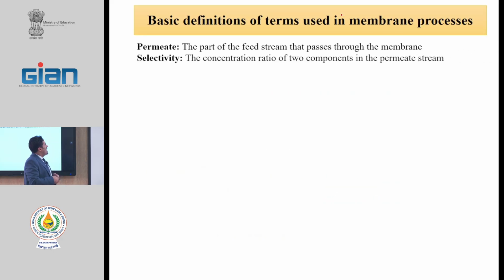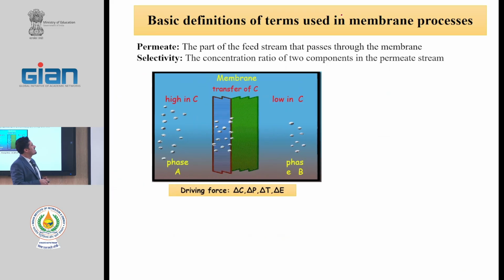In this slide, we define the most used words and terms in membrane processes. We have permeate. Permeate is the part of the feed stream that passes through the membrane.